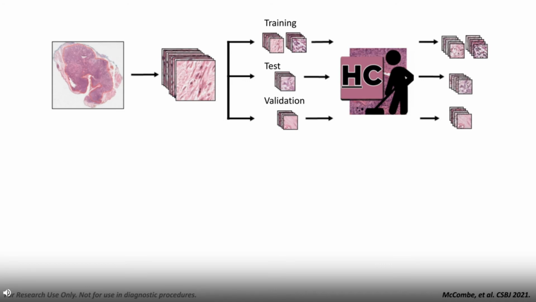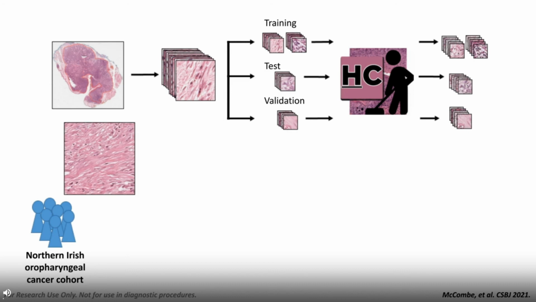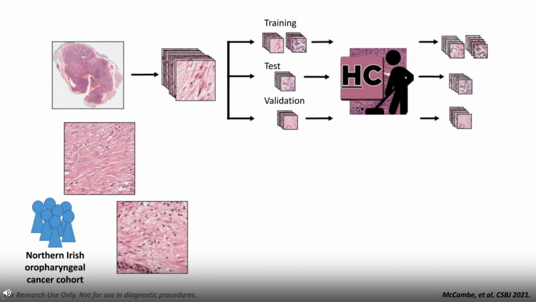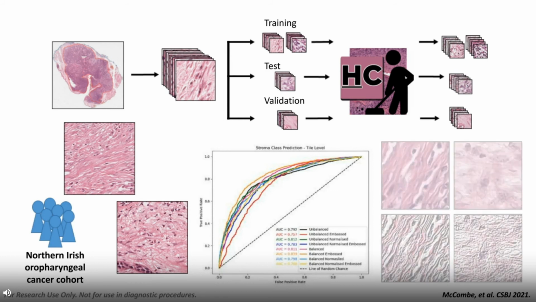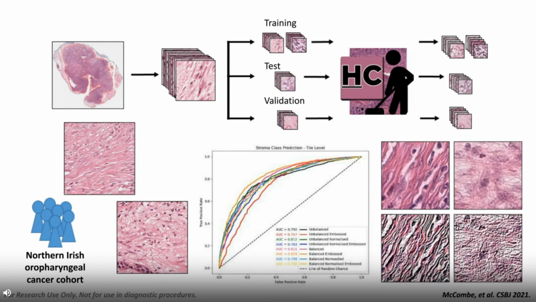And taking our oropharyngeal cohort again, we assessed the patients for stromal maturity and stromal immaturity, and using different types of augmentations, found that by just adding some simple augmentations, you get a significant improvement in model accuracy. So just changing the augmentations, not changing the image source, not changing the tissue type, just very small minor adjustments. And in this instance, we found just by enhancing the features of the stroma, the fibers in the stroma, and by balancing the data set, we saw a significant improvement.